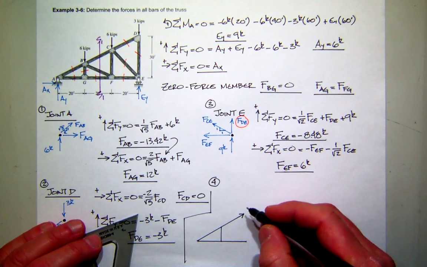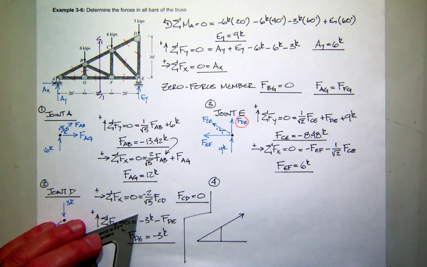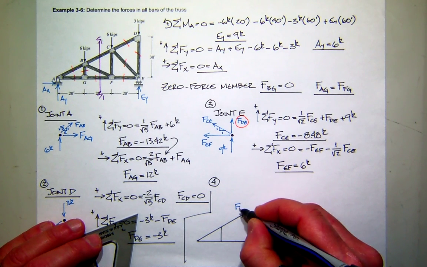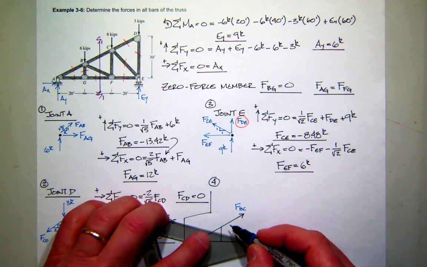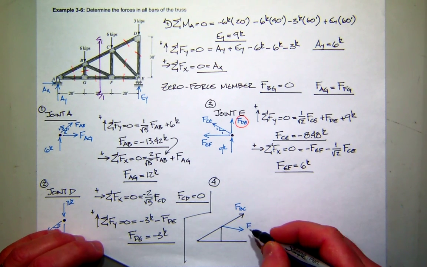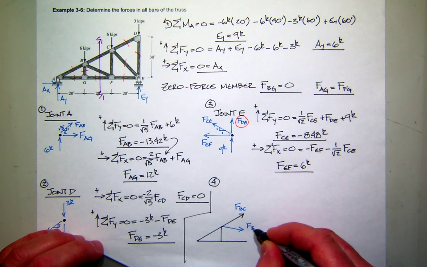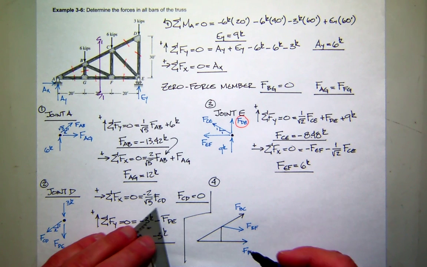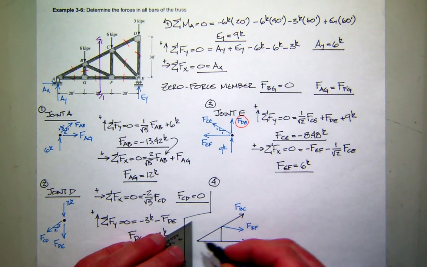So that would cut and open up this force, which will be the force in BC. Also, I would see the force in BF and the force in FG.